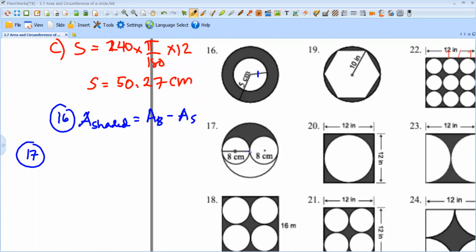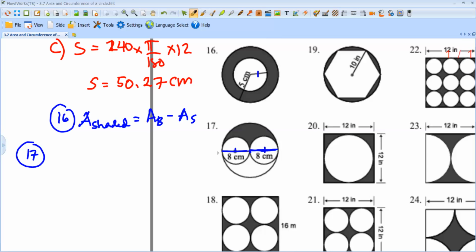So therefore, this full is equivalent to 16, right? So we will get the area first of the shaded part. I mean that we will get first this area and this area, and then we will subtract it to the full area, and then we will divide by 2.